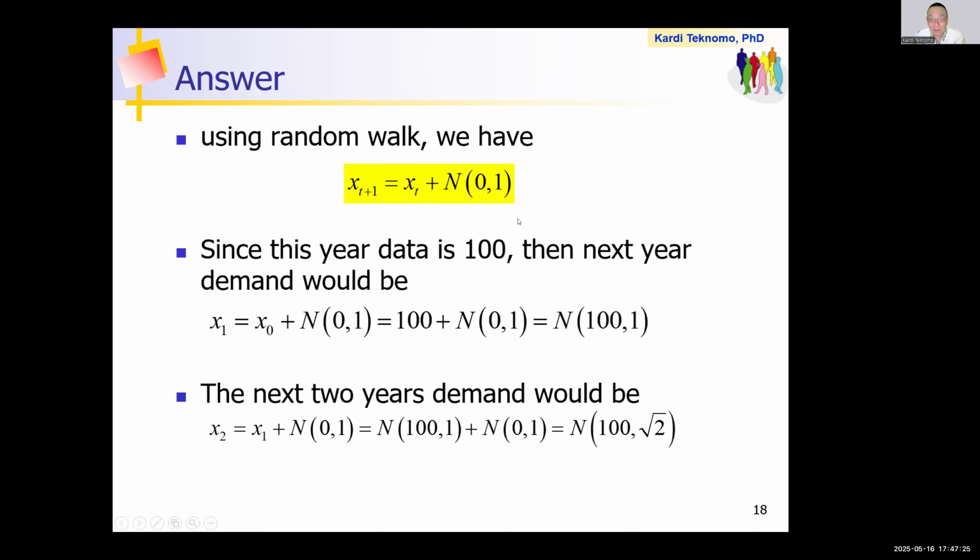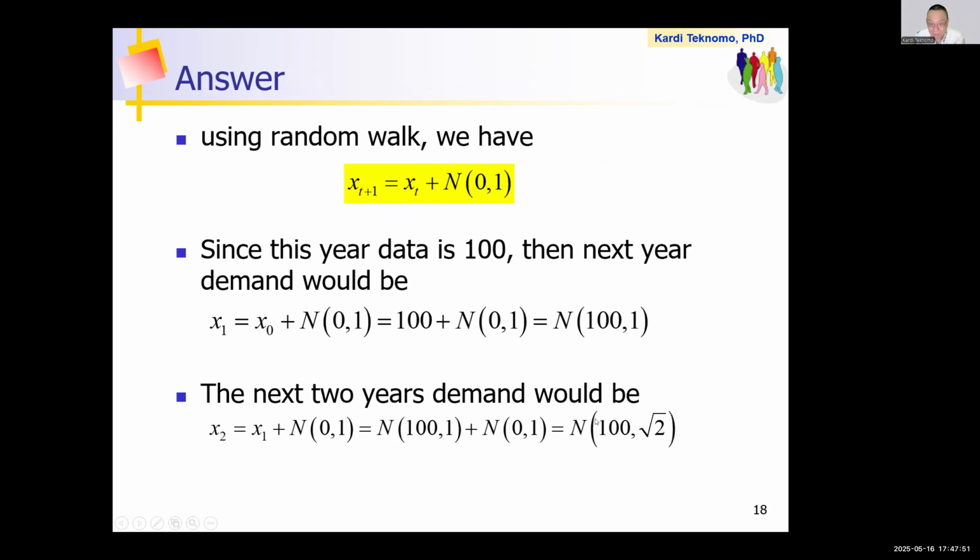Because this is normal, you can compute. So x1 is x0 plus N(0,1). This one is the first year. For the next 2 years, that means x2, you get N(100, square root of 2).